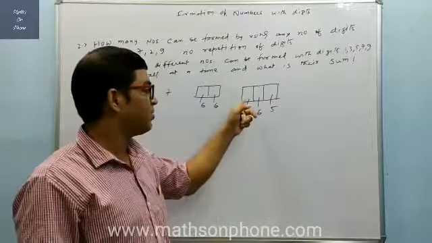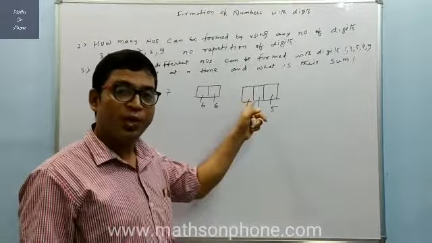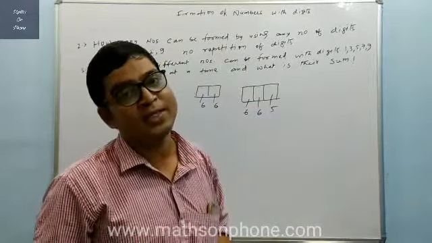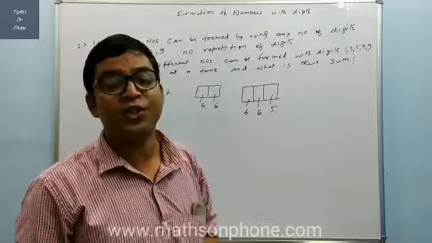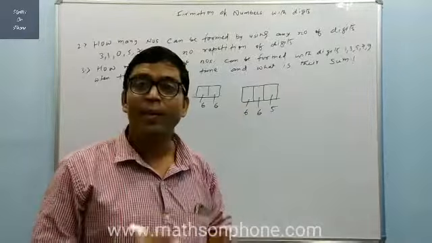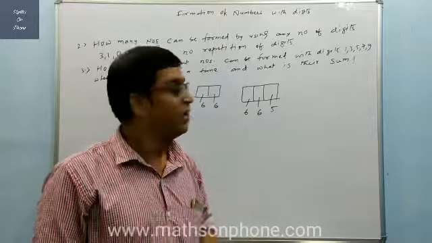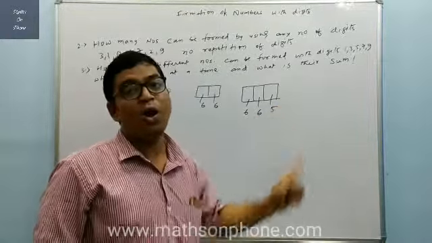Just take care of the first place. This should not be 0, because if 0 comes here and we are considering a 3-digit number, it is not a 3-digit number any longer. It will be a 2-digit number. So this way you proceed, and you will find all the numbers.